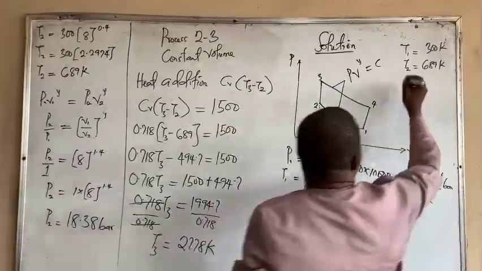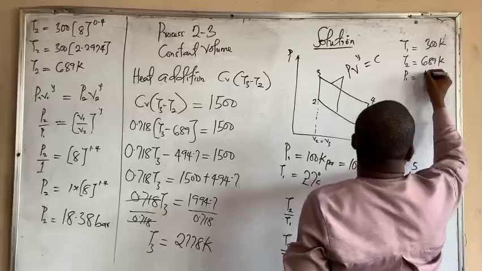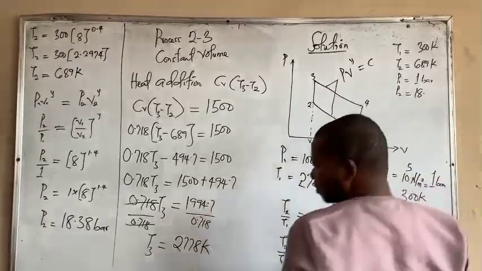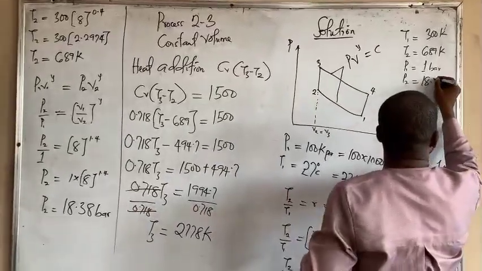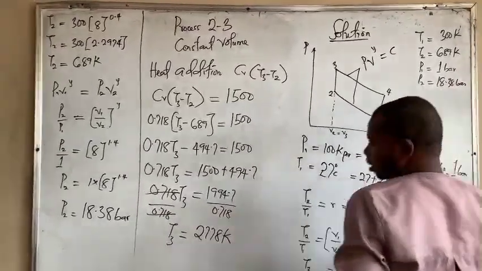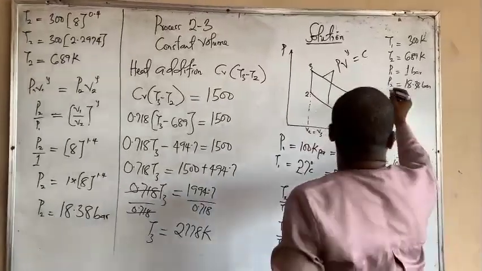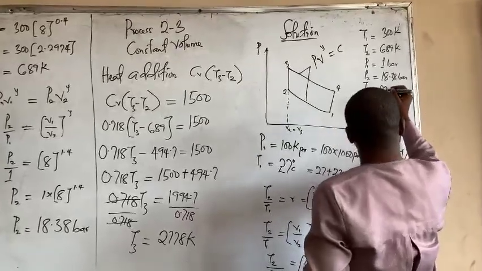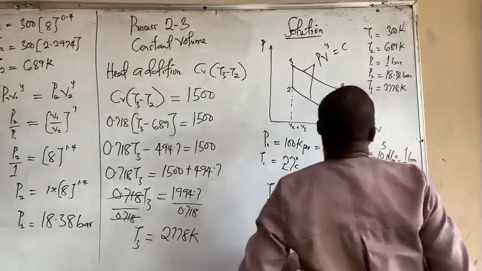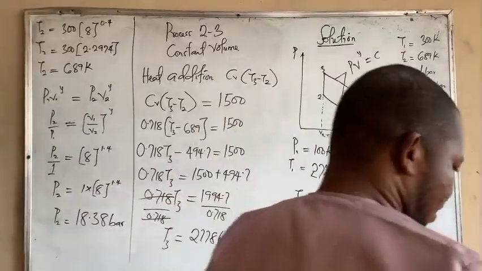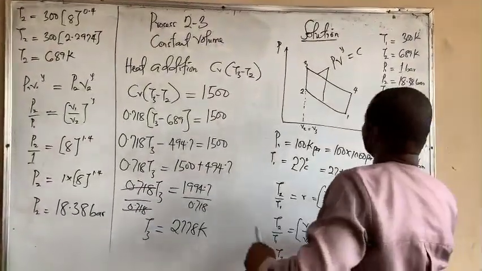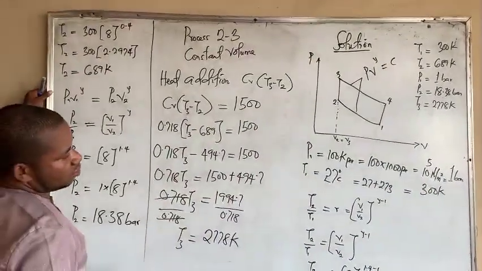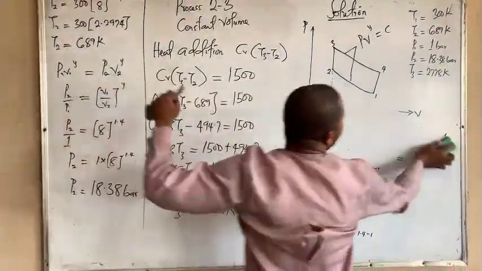Our P1 was 1 bar. Our P2 was 18.38 bar. And our T3 now is 2,778. Let me rub off this side.